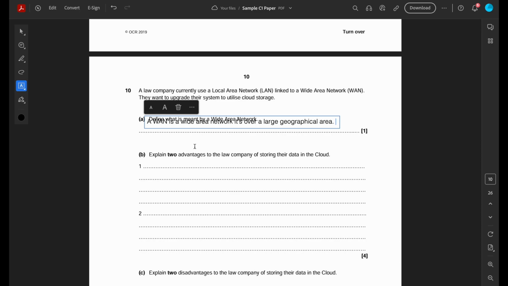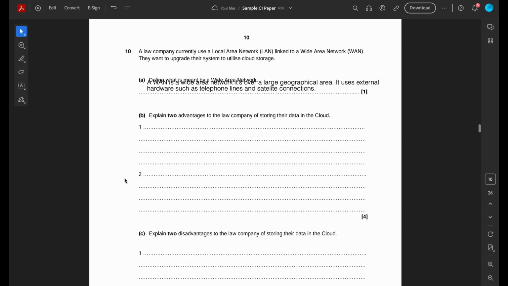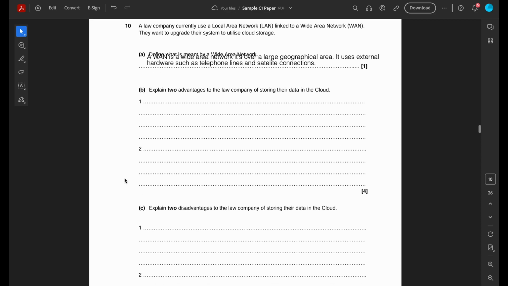So let's put in the second thing, just in case they don't agree with the first one. It uses external hardware, such as telephone lines and satellite connections. So in that case, because the question doesn't say just give 1, why not just give 2 anyway? You're probably going to finish the exam a bit early, so that gives you a bit of time.